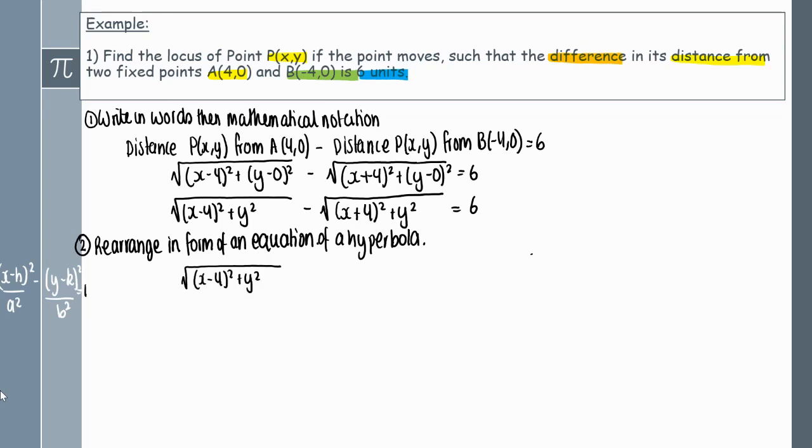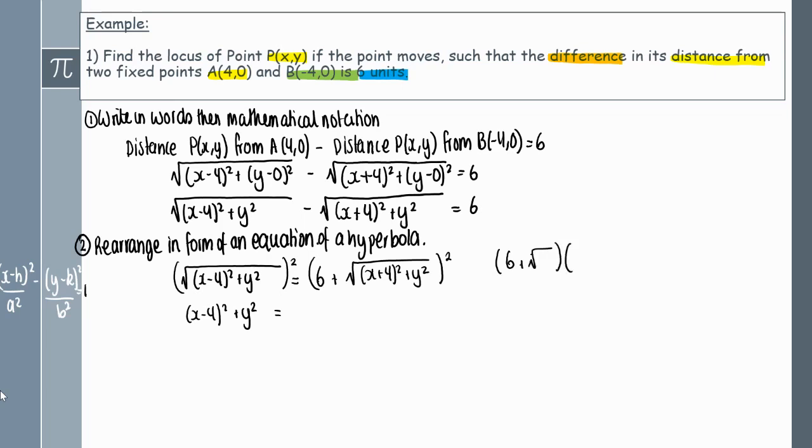The first thing I want to do is not square both sides just yet. I want to make my squaring easy. So I'm going to move the second square root to the right-hand side. That way I get a plus, and when I square both sides, it's easier to manipulate. So let's square both sides. On the left-hand side, we just get rid of the square root sign. On the right-hand side, it's a little bit more complicated.